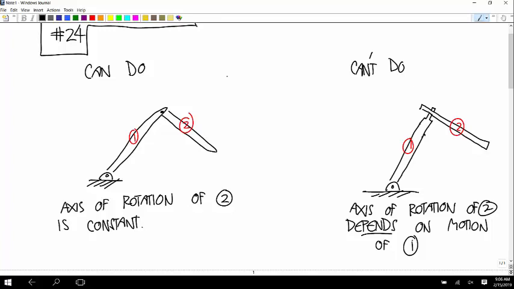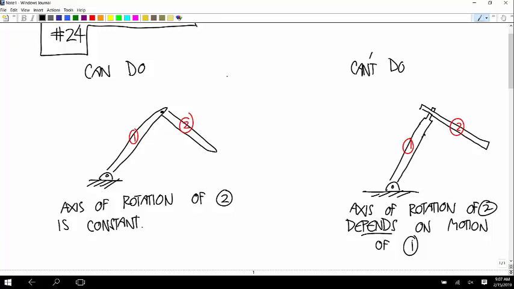When we do problems like the one on the right later in this class, we're going to do it by fixing a coordinate system to body 1. Okay, if you do that, if you say like the x-axis is parallel to the long axis of 1, then it's easy to calculate in that coordinate system. It's easy to calculate the motion of 2, right? And in that coordinate system, the axis of rotation is constant.